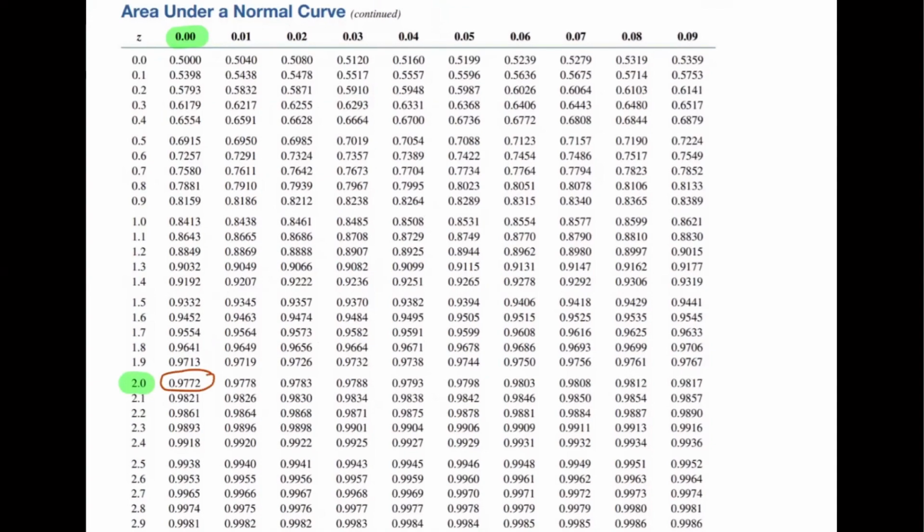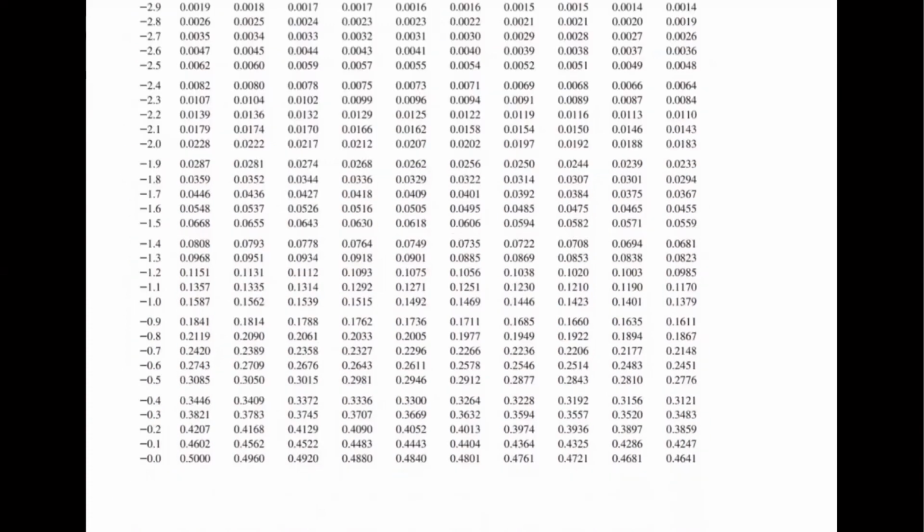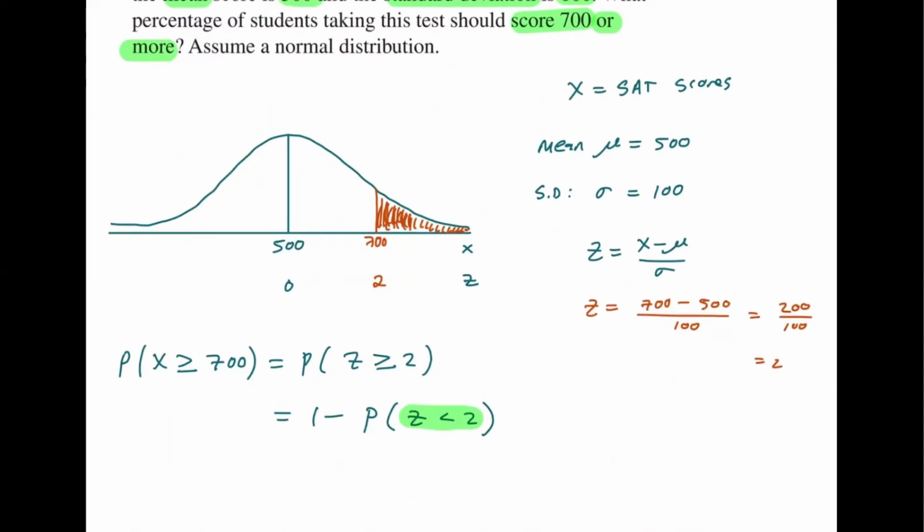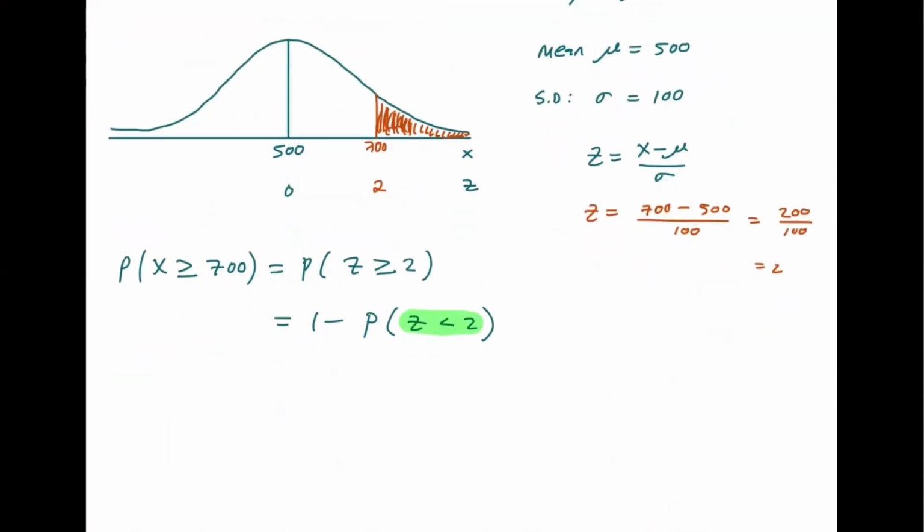And as you can see, that's a very high area because 0.9772 is the area of all of this. So as I have shown you before, all of this is a pretty large area. So if I do 1 minus that area, I get the right side of 2. So this is going to give us 1 minus 0.9772.